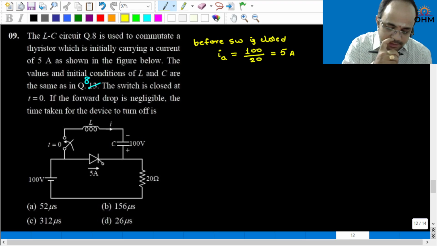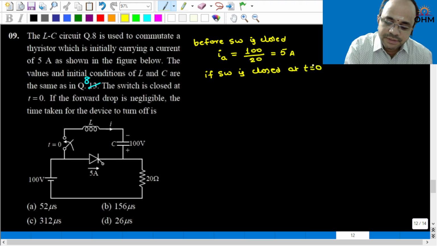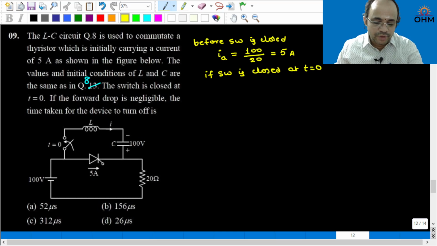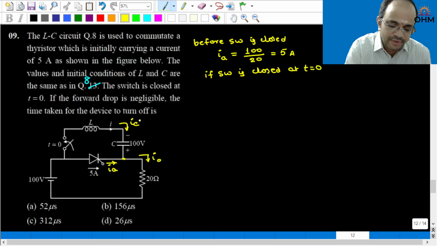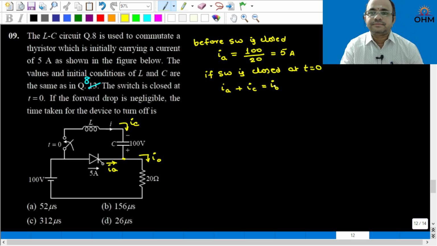Next, if the switch is closed at t equal to 0, we cannot say that the anode current is simply equal to 5 ampere, because at this instant, let us say this is I naught, this is the anode current, and the capacitor current is IC. Therefore, if you apply KCL, you will have IA plus IC is equal to I naught.